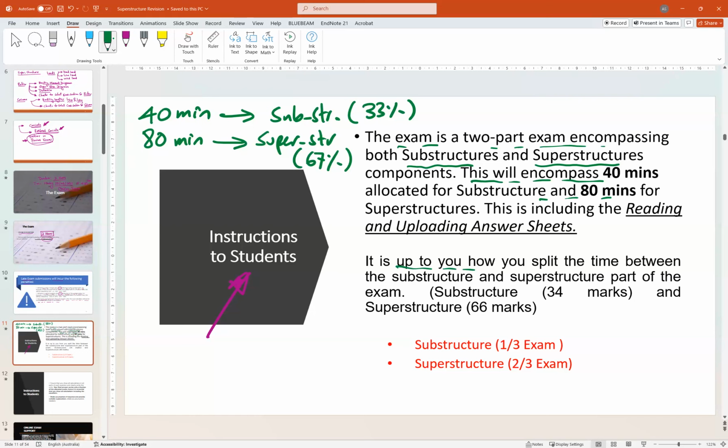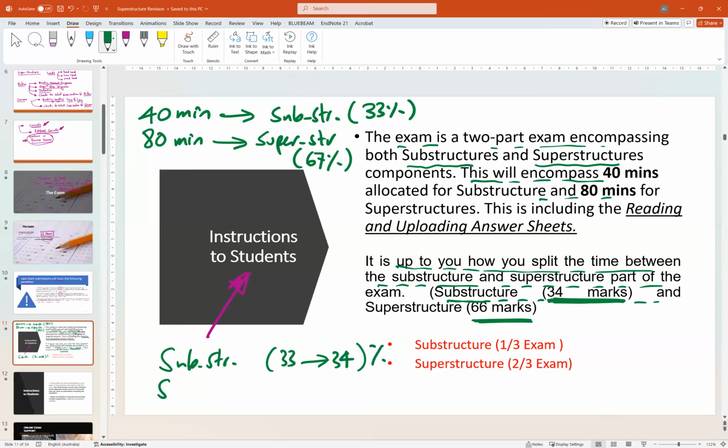Substructure will weigh 33 or 34 marks out of 100, and superstructure 66 to 67%: 1/3 and 2/3.